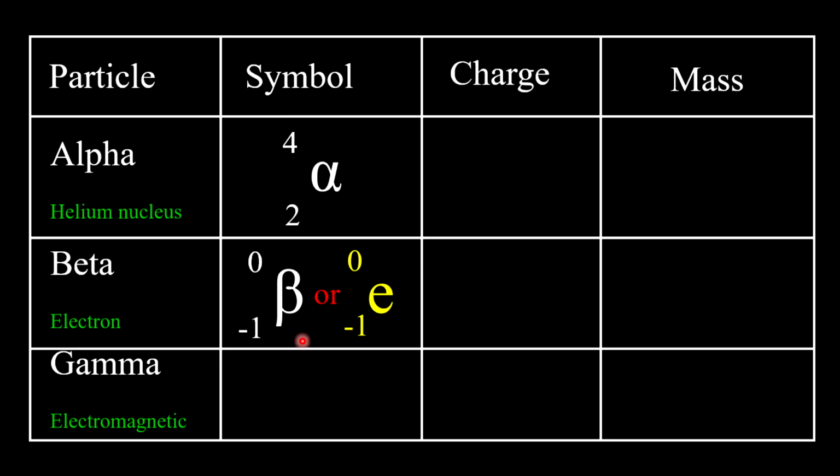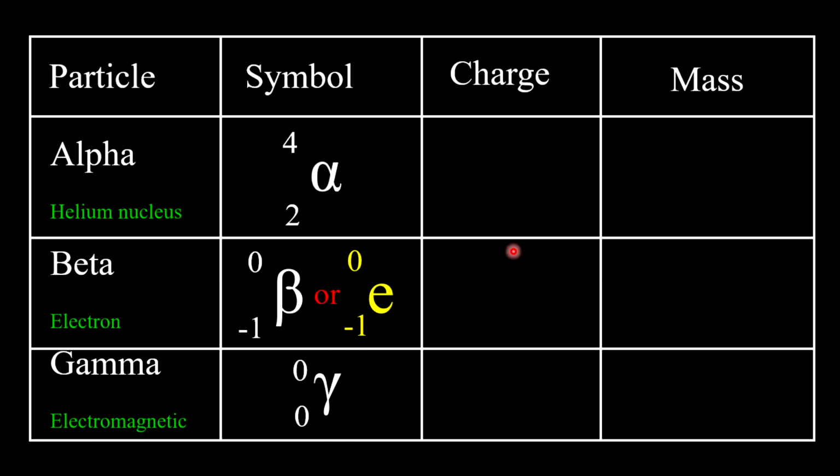So when I go through it, you're going to see how this is applicable. Now, the gamma particle is electromagnetic, so there is no charge on gamma particles, neither is there any mass. Because simply put, gamma particles are just energy in motion.